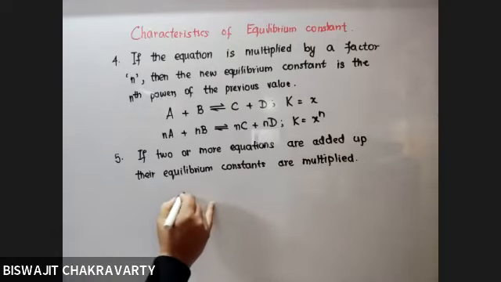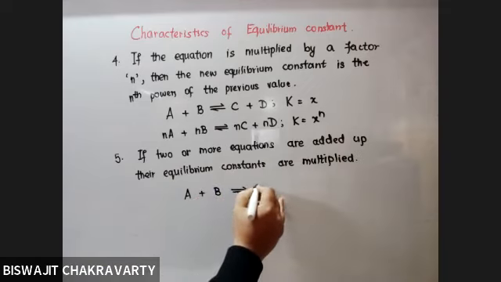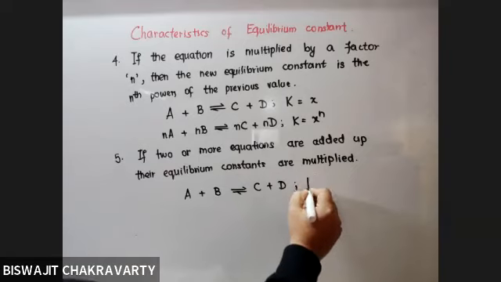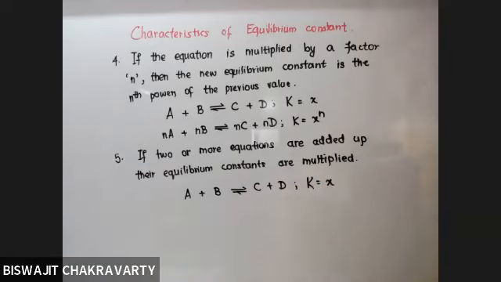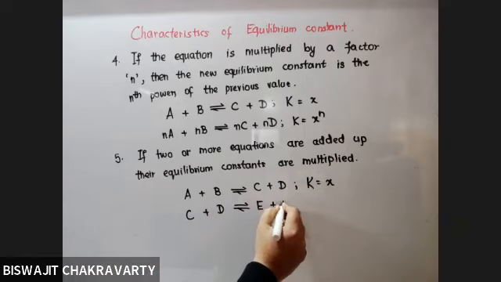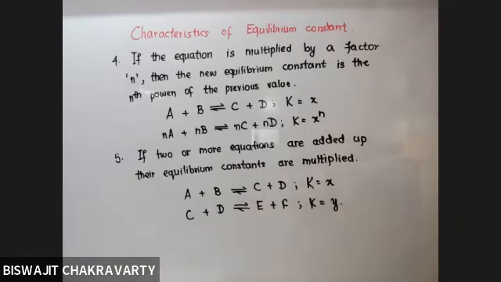So suppose you have two equilibrium reactions, A plus B reversible C plus D. Say its equilibrium constant is X. If we have another equilibrium, C plus D is equal to E plus F, and its equilibrium constant is Y. If you add it up, we know that C and D will mutually get cancelled.